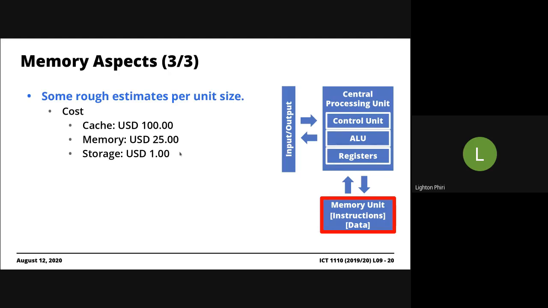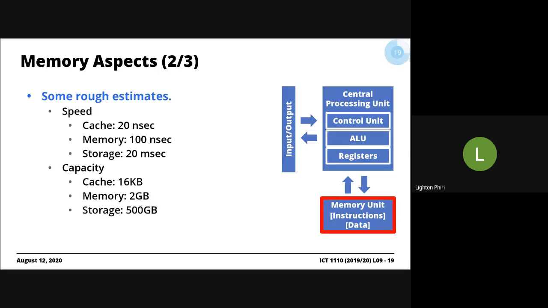These are just approximate values, but they showcase that if you look at this moving on from the CPU, cost decreases, speed decreases, and capacity, on the other hand, increases.